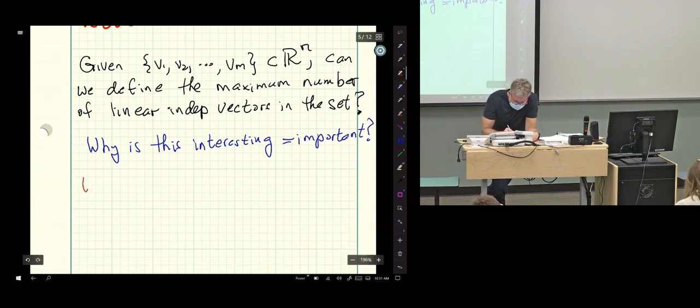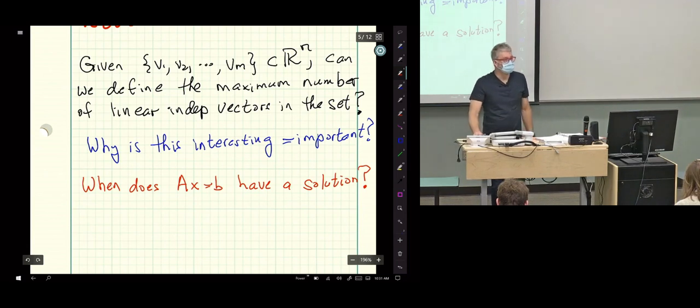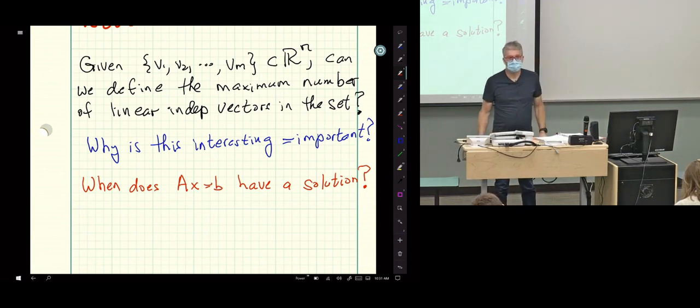Okay, do you guys recall when does AX equal B have a solution? Okay, we had a condition involving the columns of A. Anybody remember offhand? I think you do, and you're playing hard to get today.